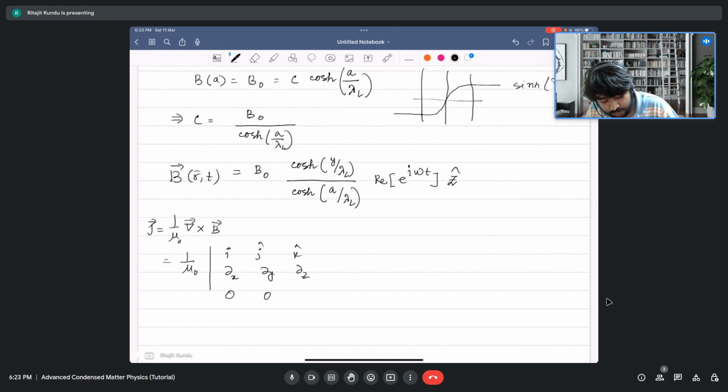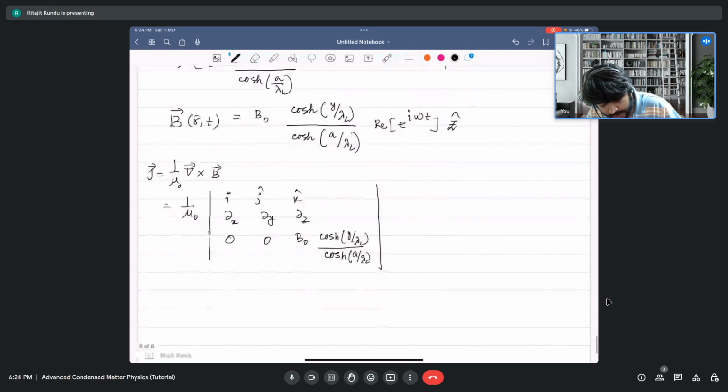I have only the z component, which is given by B naught cosine hyperbolic y by lambda L divided by cosine hyperbolic a by lambda L. Similarly to last time, we will have only i hat, so it is in the x direction, and we'll have just this derivative, and all of the other things will be 0.